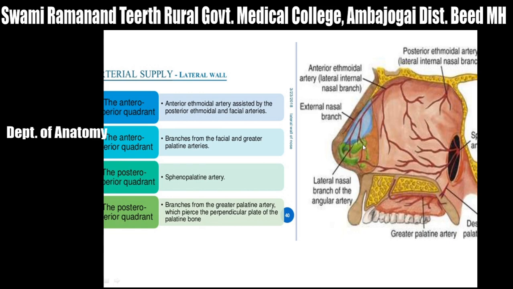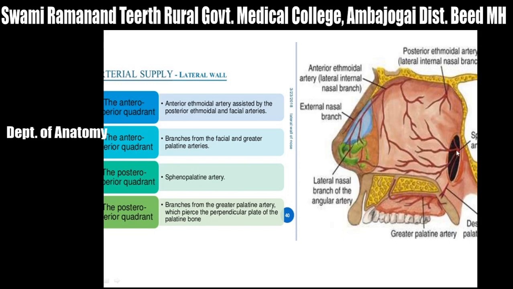Then the antero-inferior quadrant is supplied by branches from the facial artery as well as the greater palatine artery. The posterior superior quadrant is supplied by the sphenopalatine artery, and the posterior inferior quadrant is supplied by the greater palatine artery.